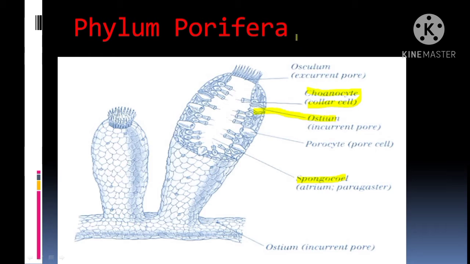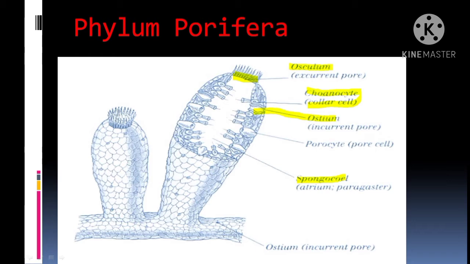At the anterior side of the organism there is a larger pore known as the osculum. The osculum is always located at the anterior side of the body, and mostly these organisms form a colony. These are sedentary organisms.